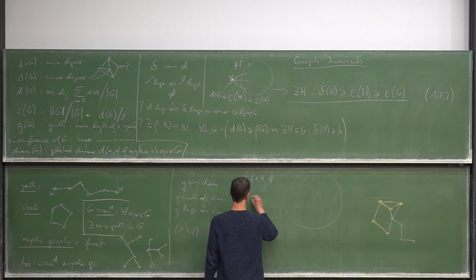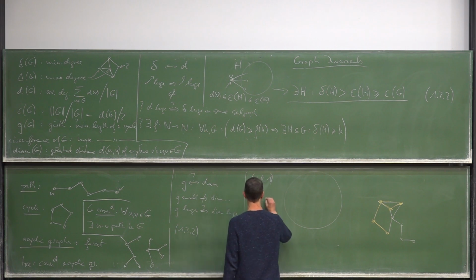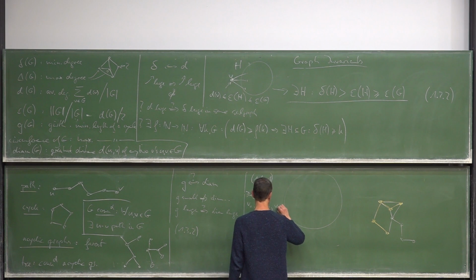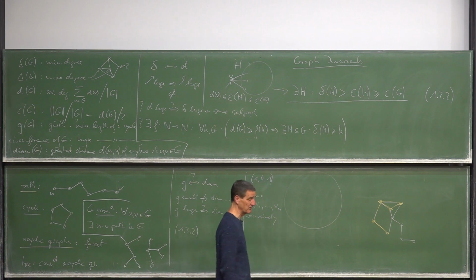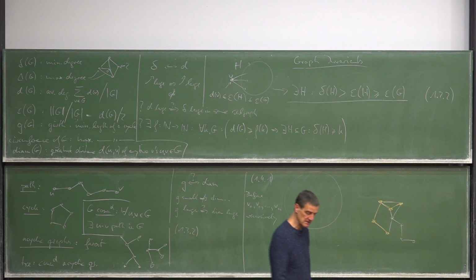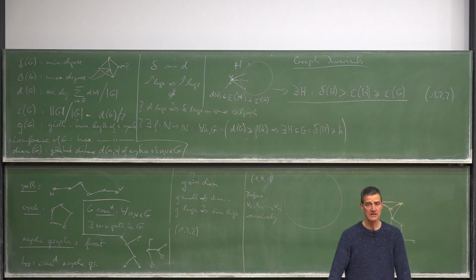So define the enumeration V0, V1, up to Vn recursively as follows. What does it even mean to define it recursively?